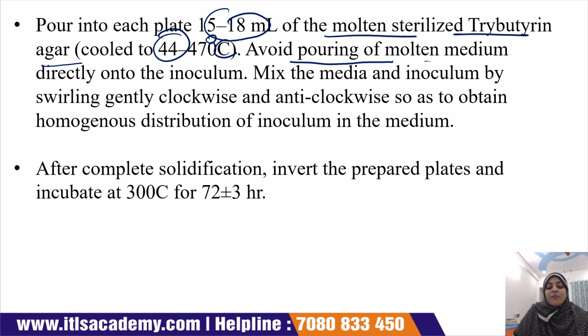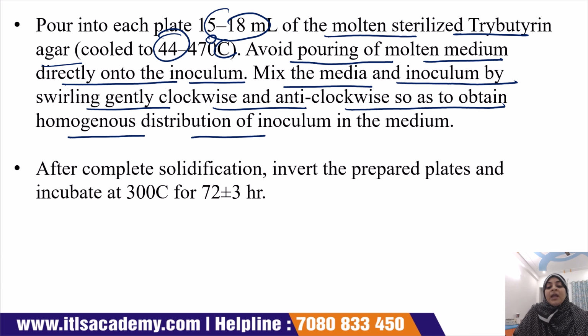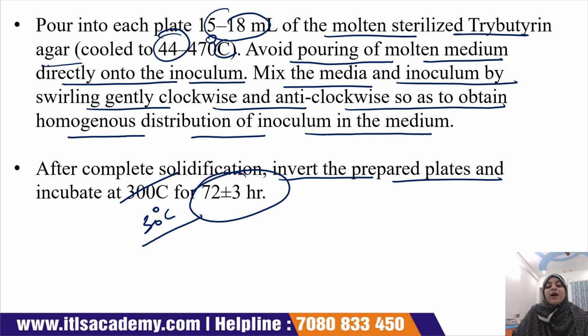Avoid pouring molten medium directly onto the inoculum. Mix the media and inoculum by swirling gently clockwise and anti-clockwise so as to obtain a homogeneous distribution of the inoculum in the media. After completion of the solidification, invert the prepared plate and incubate at 30 degrees Celsius for 72 hours.